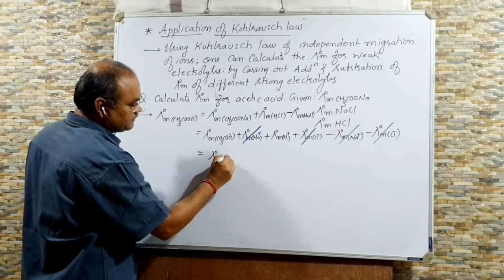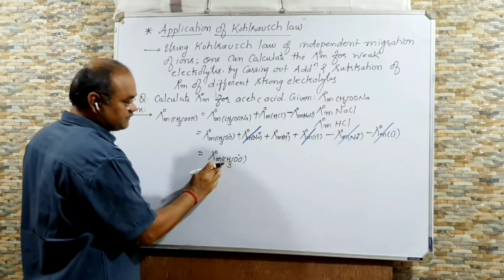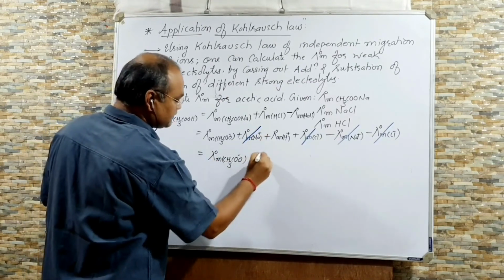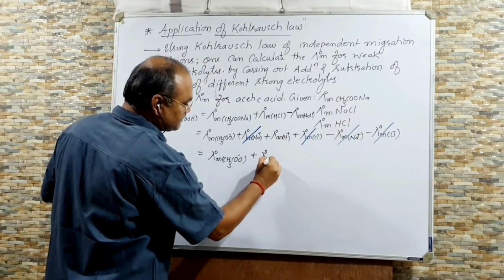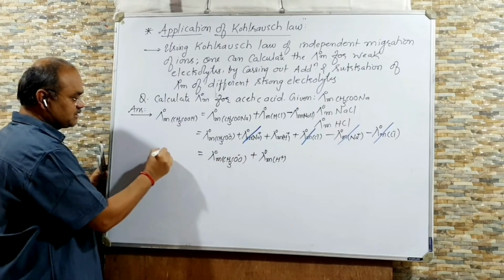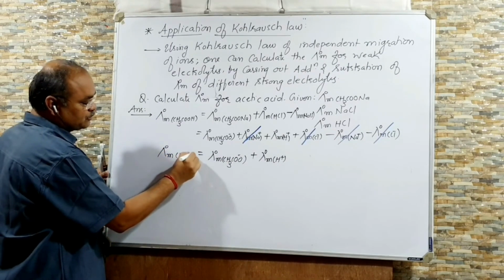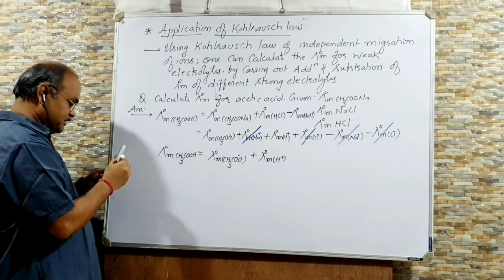Lambda 0 m CH3COO minus is left, plus lambda 0 m H plus, and you know this is nothing but lambda 0 m CH3COOH.